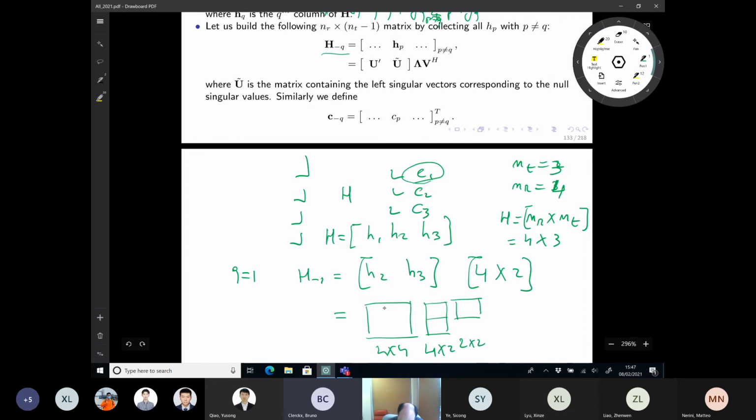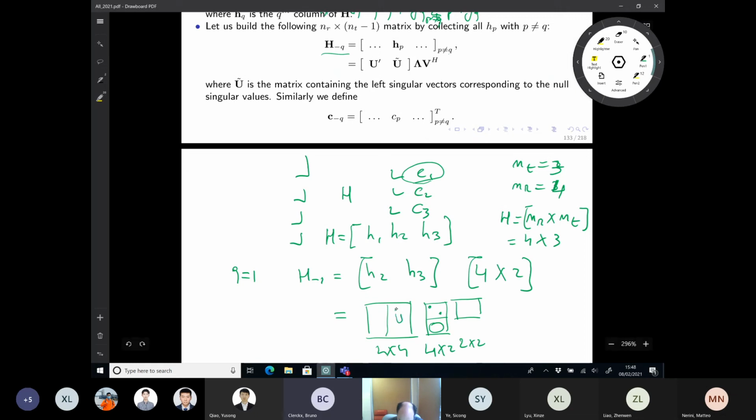Now here, I'm going to have singular values that will be 0. That's a 0 matrix. And here I have 2 singular values, non-zero, because I have a 4 by 2 matrix, so I have at most two non-zero singular values. But this block is 0. This block is a 2 by 2 corresponding to this block.